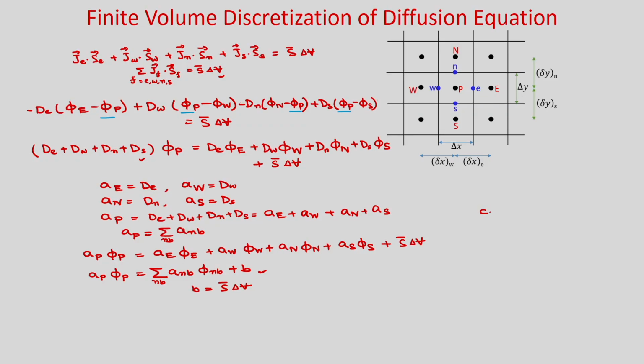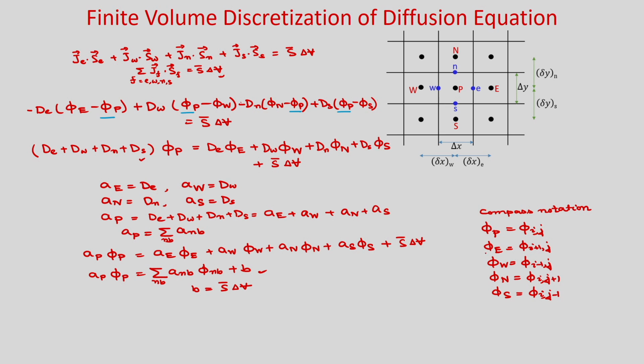So, obviously P represents i j, capital E is i plus 1 j. If you write the compass notation, phi p is phi i j, phi E is phi i plus 1 j, phi W is phi i minus 1 j, phi n is phi i j plus 1, and phi s is phi i j minus 1.